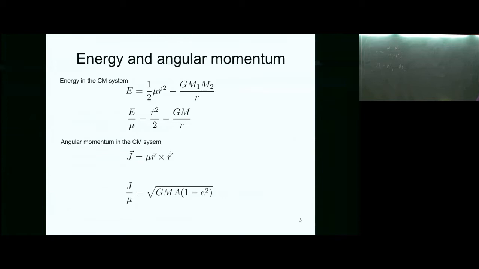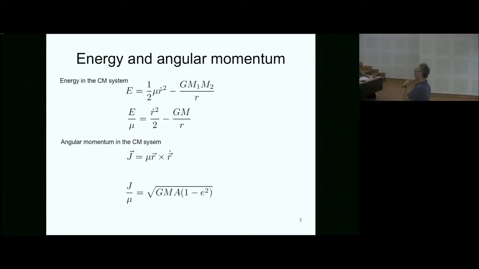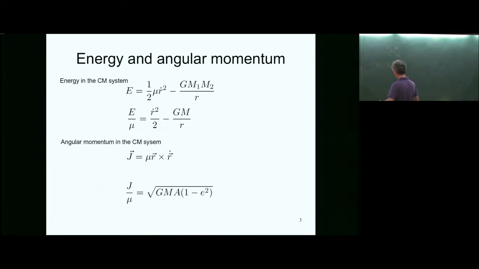The second thing, which will be important, is the angular momentum, and we usually write the angular momentum in this way. However, when we have the orbital motion, it's good to express it in such a way where J is mu square root of GMa.